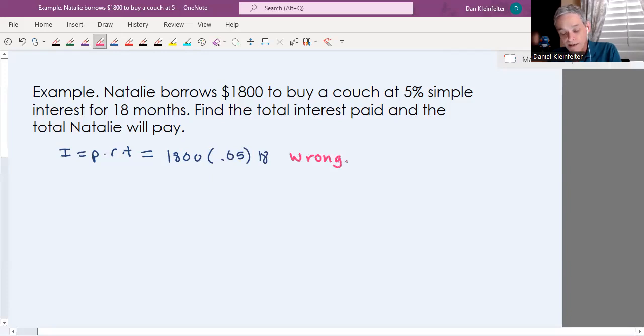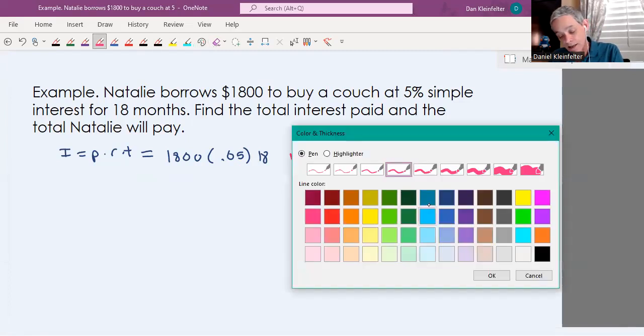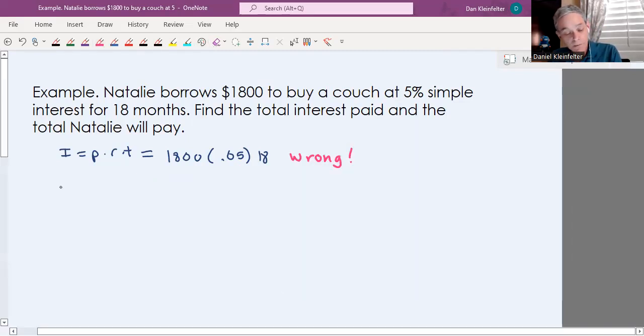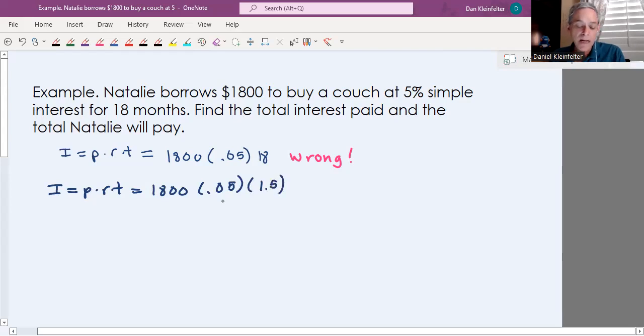What's wrong about it is, aside from the fact that we're going to get the wrong answer, that the time units don't match. This is 5% per year for 18 months. Instead, what we need to do is have the time turned into an annual or fraction of a year. So the 18 months is 1.5 years. Now that's 5% per year for 1.5 years.